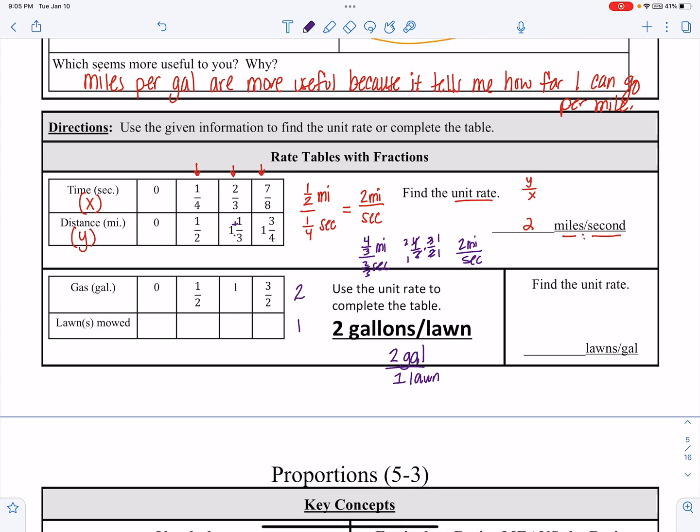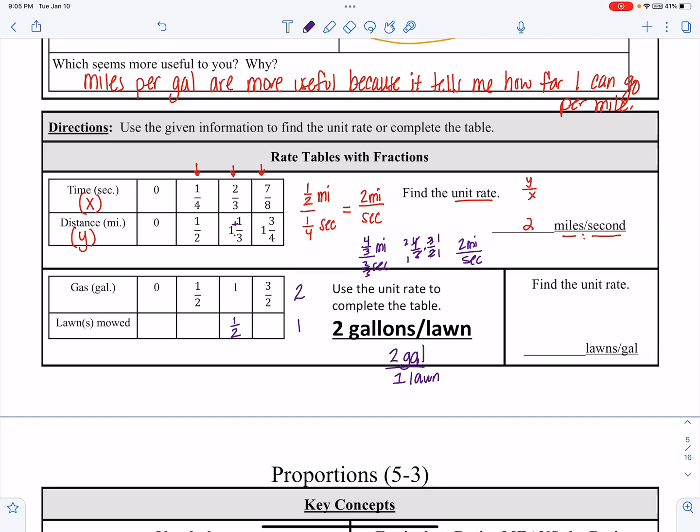And so we need to fill out the rest of our table here to help us think through things. So if I know that 2 gallons covers a whole lawn, then half the amount of gallons, meaning 1 gallon, is only going to cover half of the lawn.